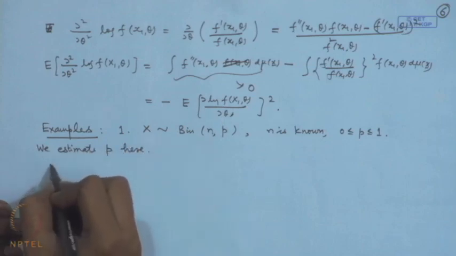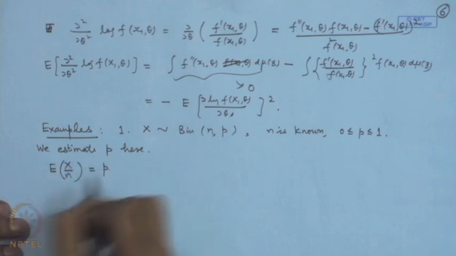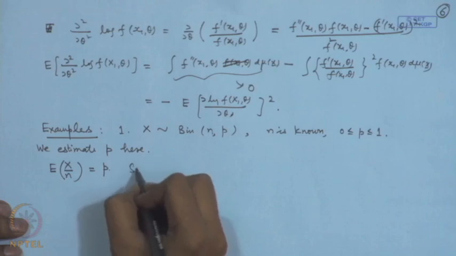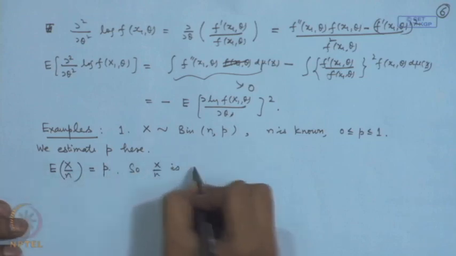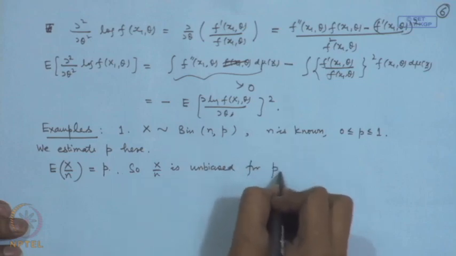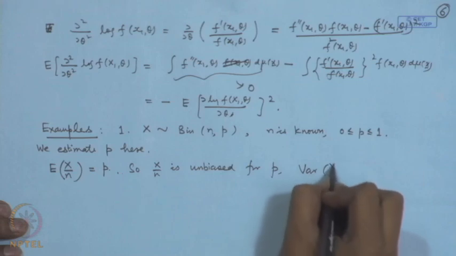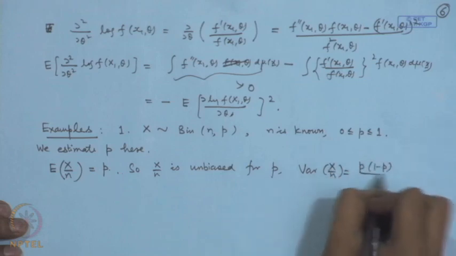Now, easily you can see that X by n is an unbiased estimator of p. X by n is unbiased for p, and let us look at the variance of X by n. Variance of this is simply p into 1 minus p by n.